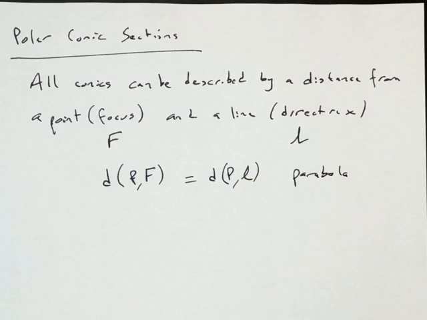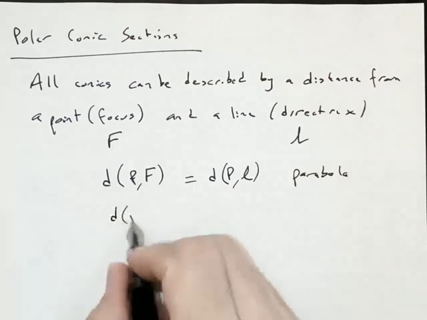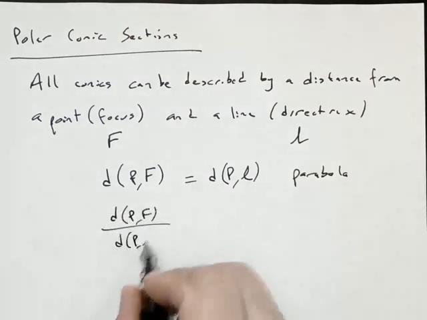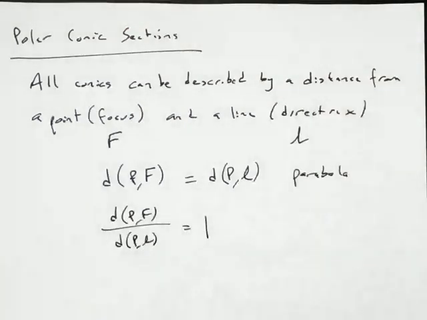Another way to say this is to take the ratio of these two distances. The distance from the point to the focus divided by the distance from the point to the line for a parabola is exactly 1.